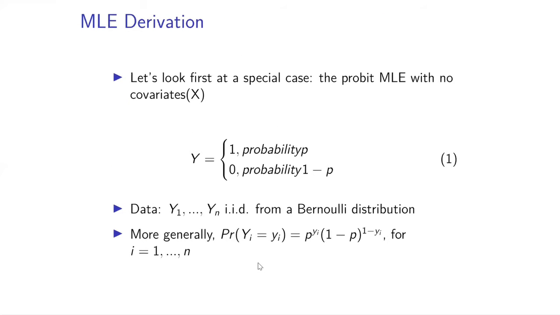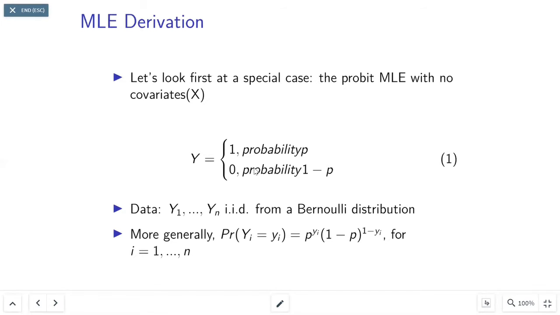Let's look at a simple example to see how MLEs are estimated. In this example, we're looking at a probability model with no covariates, where there are no x's, only one y. You can think of y as the result of a coin toss. If a coin lands on the head, then y is equal to 1 with the probability of p.